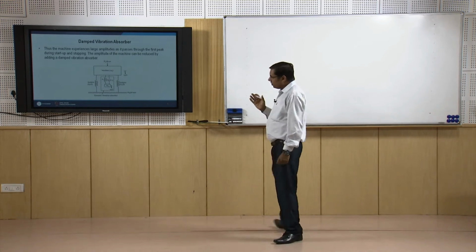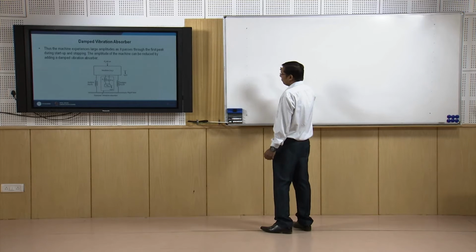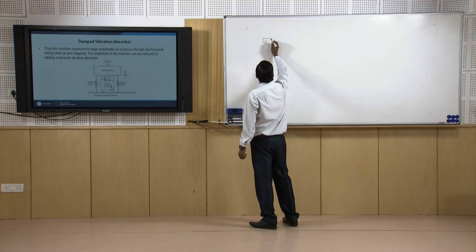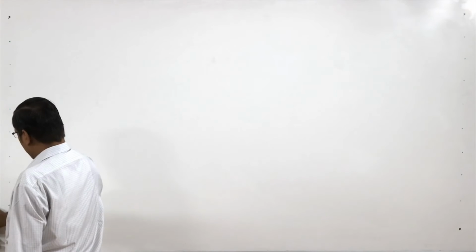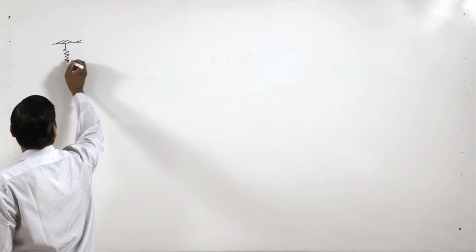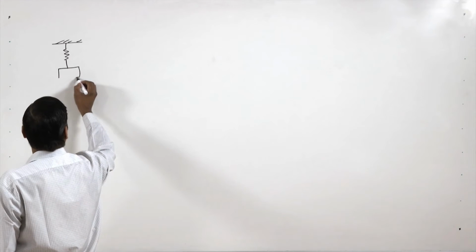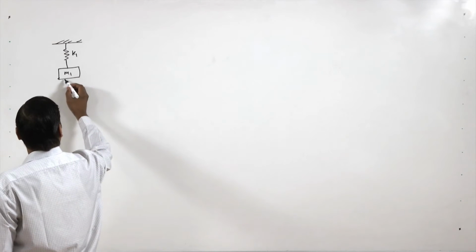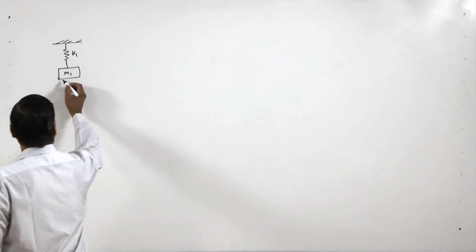So this machine and damped absorber system we can represent like this. We have this support, and this is the stiffness of the isolator of the machine, and this is the mass of the machine. So this is K1 and this is M1, and from this mass we are attaching the damped vibration absorber.